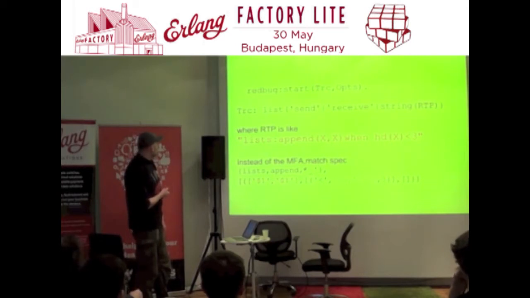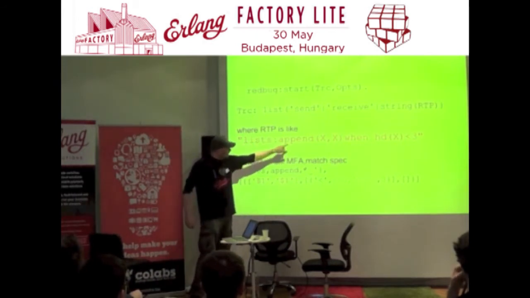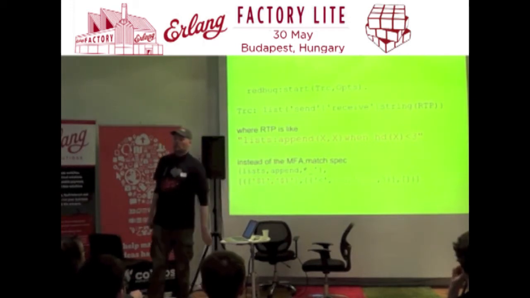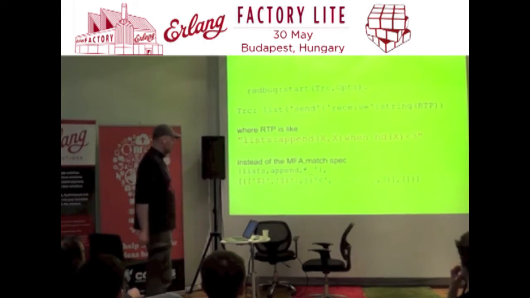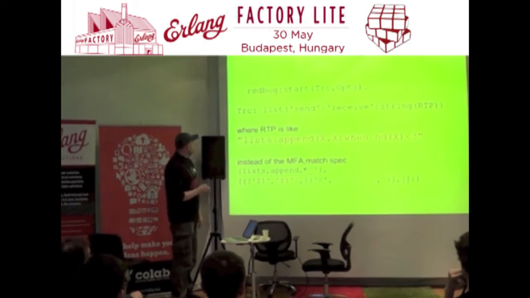So I wanted to be able to do something like this: if I wanted to trace on this append exec when the two arguments are equal and they're bigger than 3. So that's what I wanted to do. Earlier I had to write what I think is a pretty complicated match thing. This is what I wanted, and that's what Redbug does.